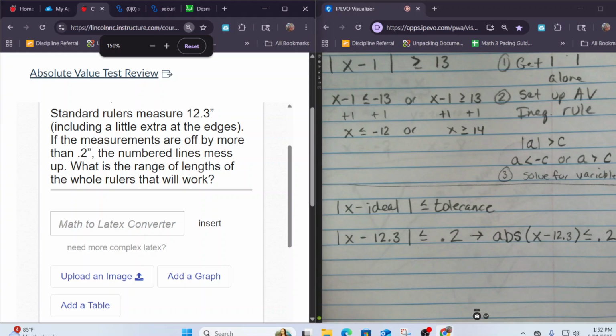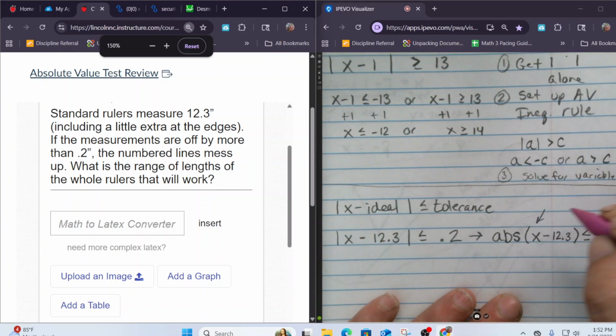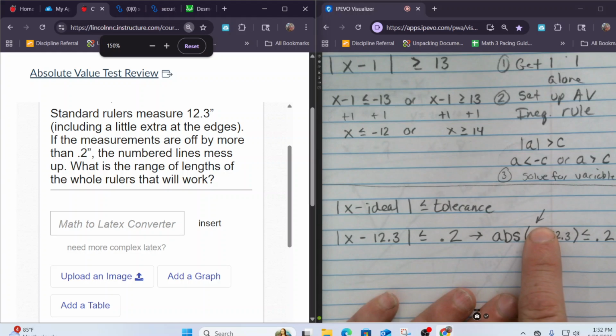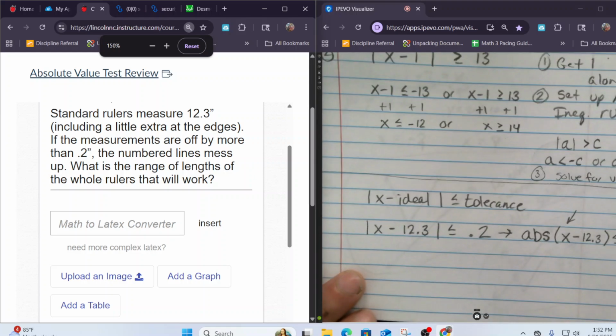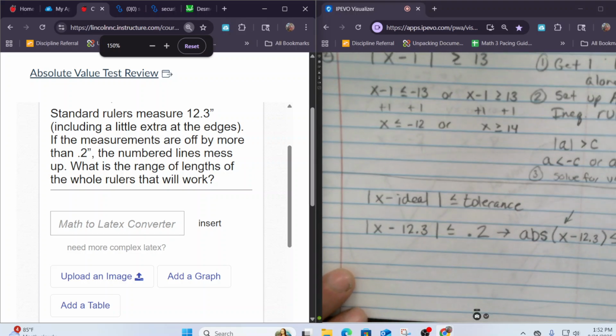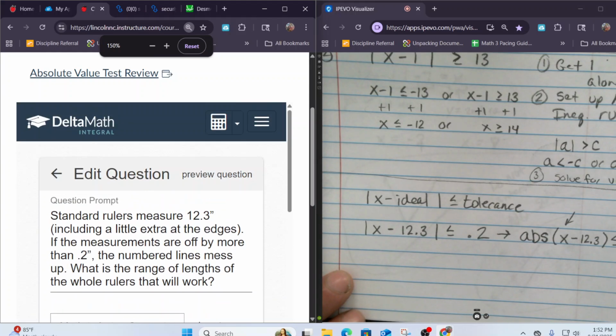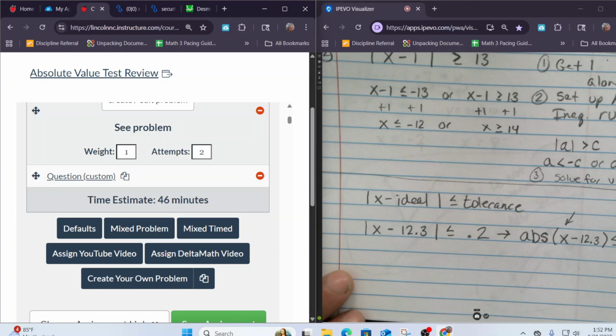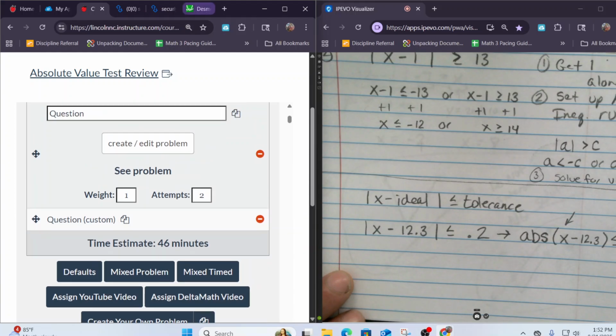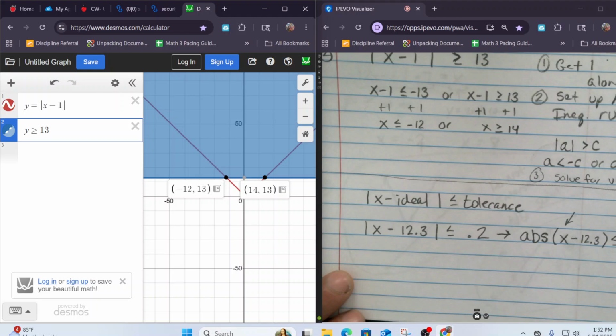All right. Now, here's the thing. This is not the answer they're looking for for this particular problem. That will be the next one. Okay? So now, remember, you can do these in Desmos as well. You don't have to really do it by hand.